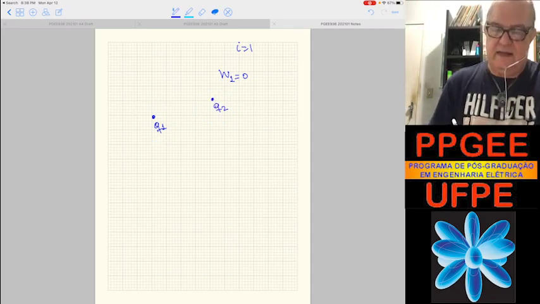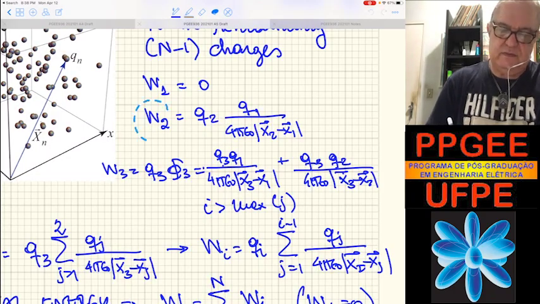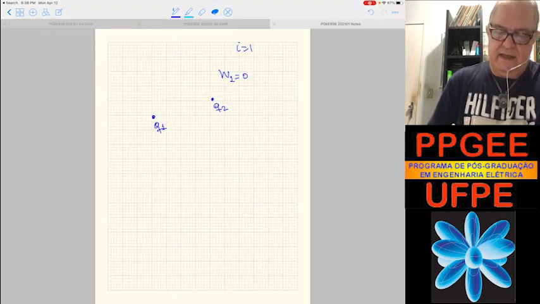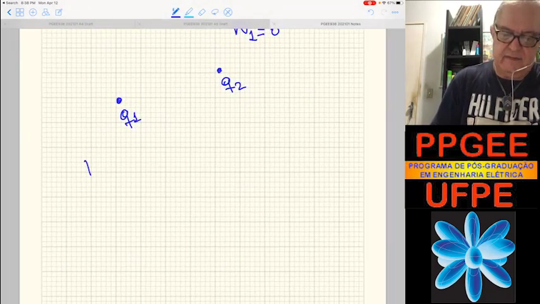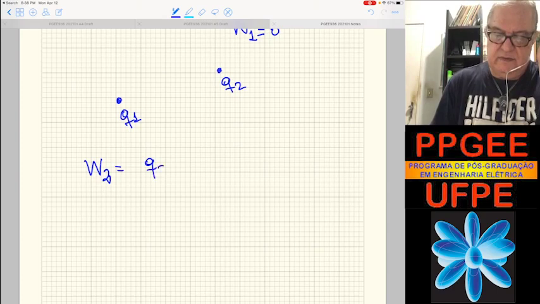That would be the energy of the system now, W2, right? W2 equals to what? I'm going to write it like this: Q2 times the potential that 1 exerts on 2, phi 1,2.